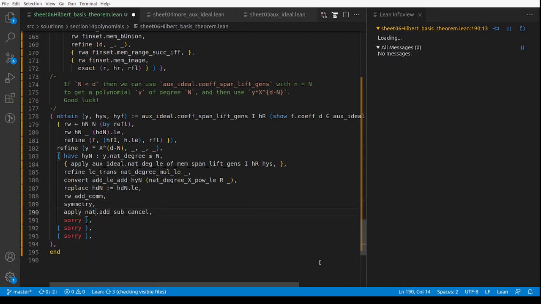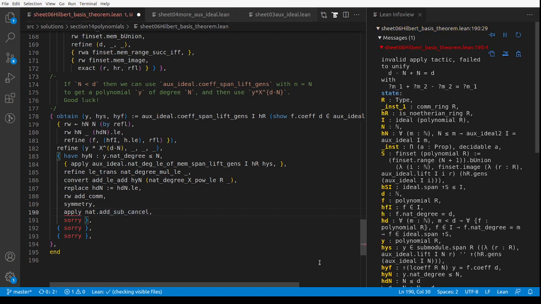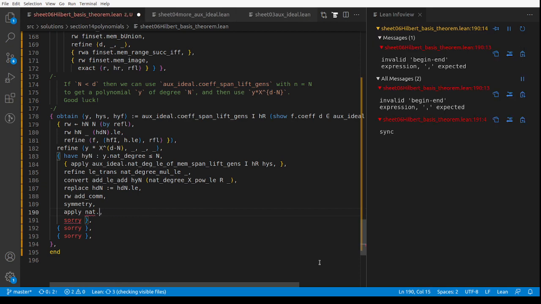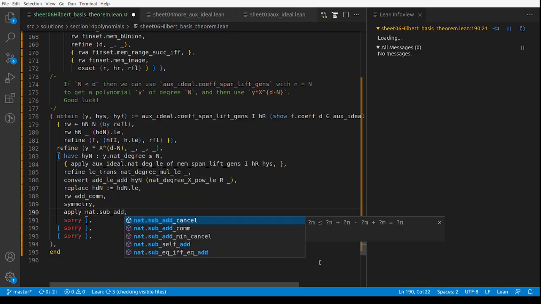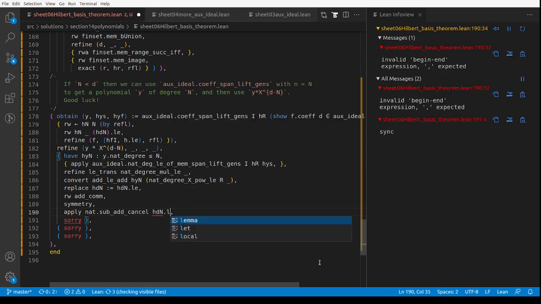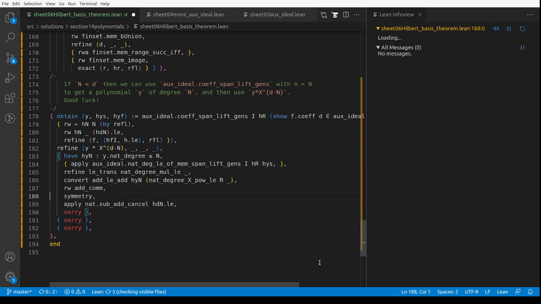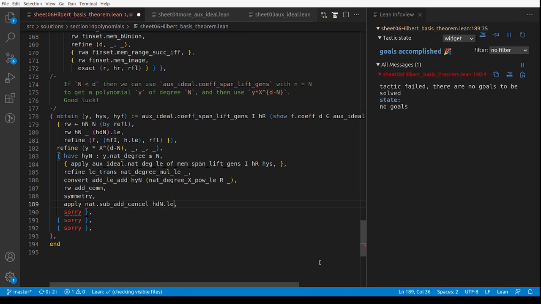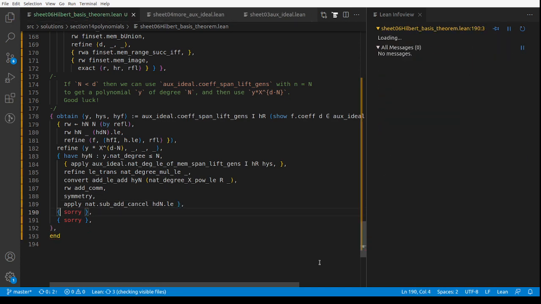Symmetry. Apply nat.add sub cancel. What? Come on. Oh no, it's sub. Is it sub add cancel then? Sub add bingo, and then we need hdn dot le. Let's get rid of those. Right, finally there. If only I knew the NAT API better.